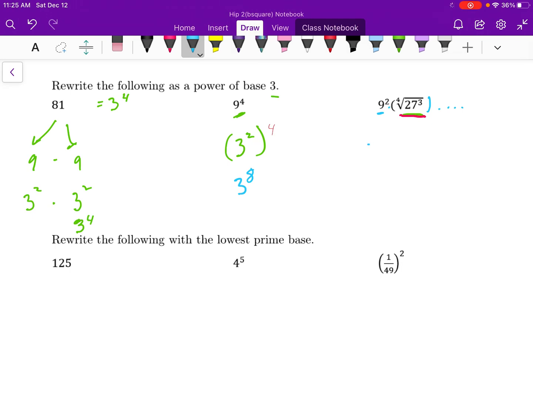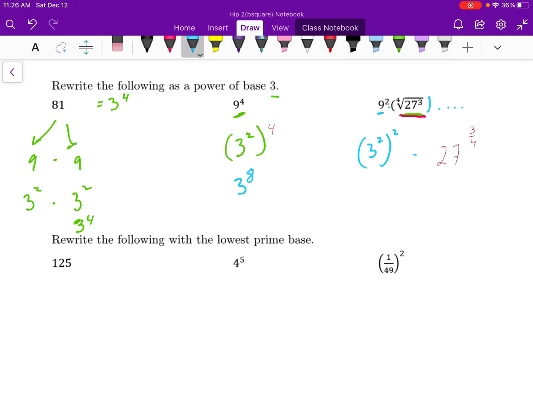So 9 squared, base 3. Now, this devilish little thing here, I may want to change this to a rational exponent. So this is really 27 to the power of 3 over 4.